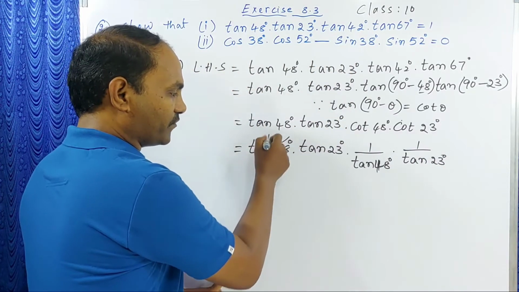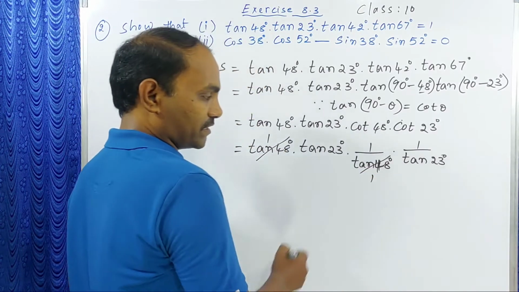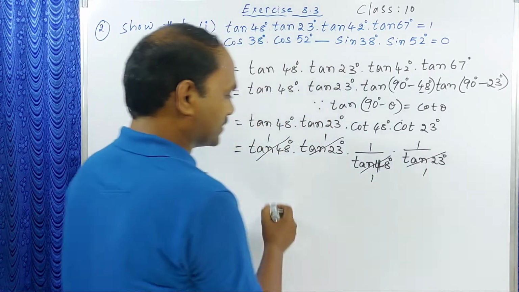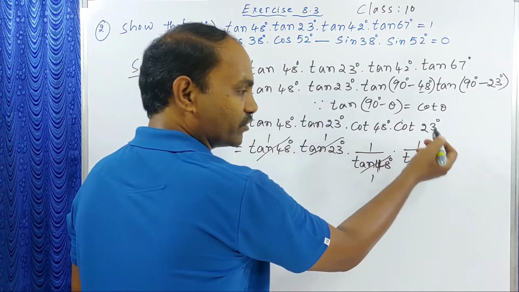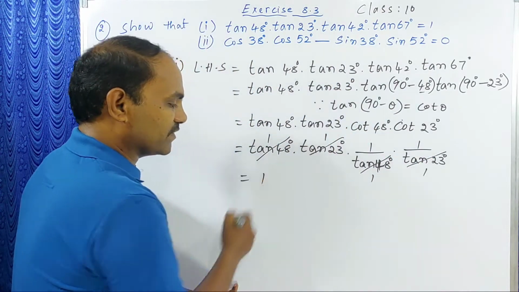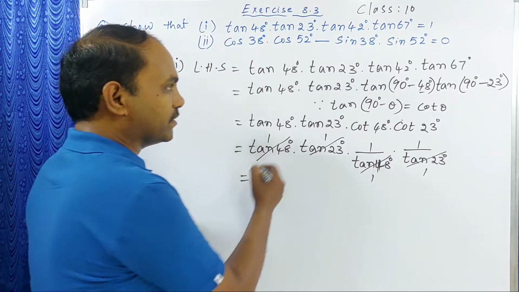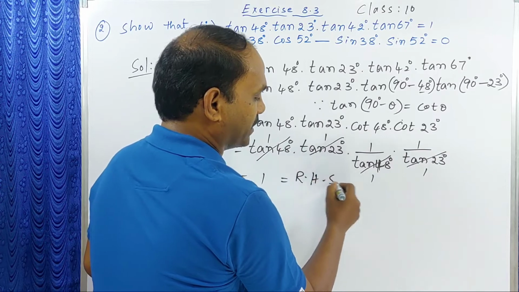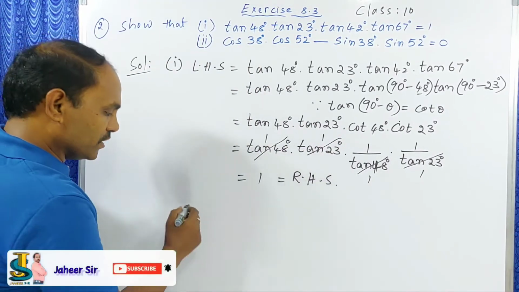So here tan 48 and tan 48 cancel. Tan 23 also cancels. 1 into 1 into 1 into 1. Then this one equals 1. What is the result here? RHS came. This one equals RHS.